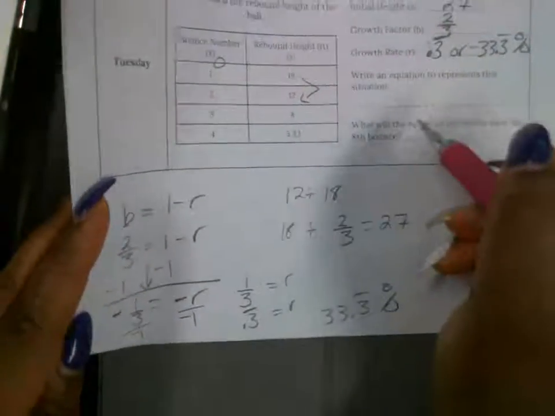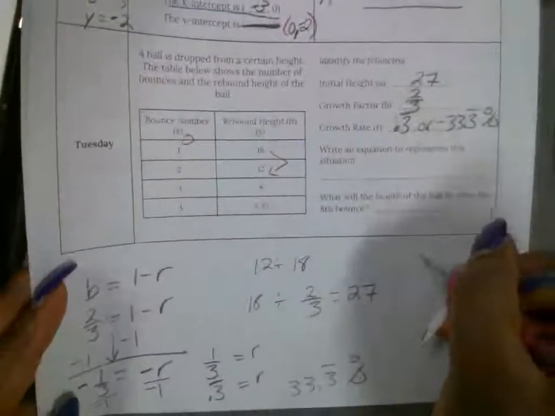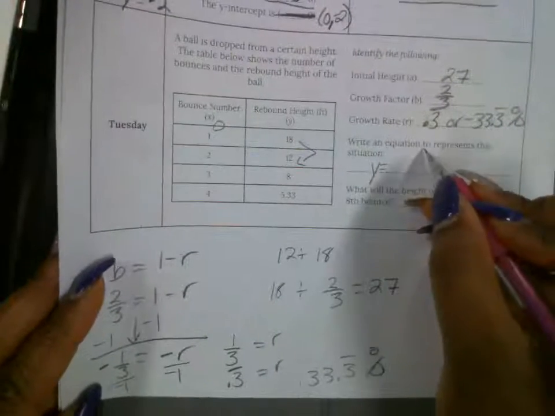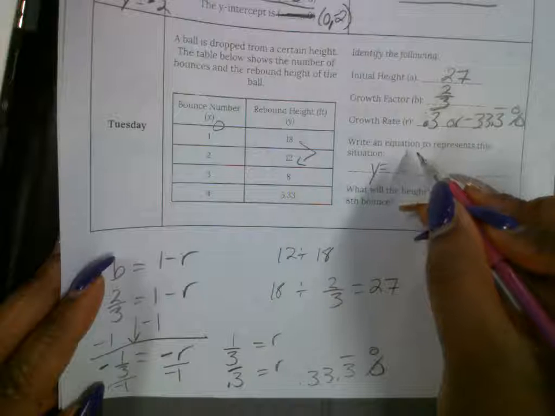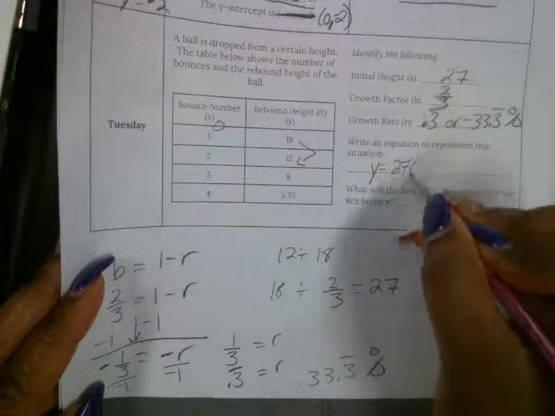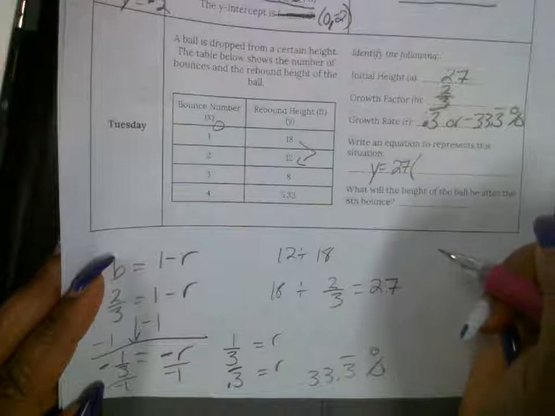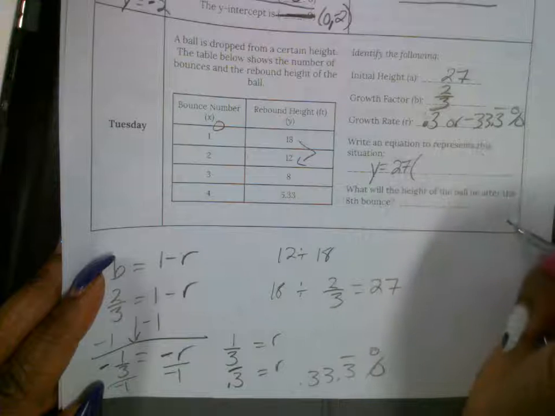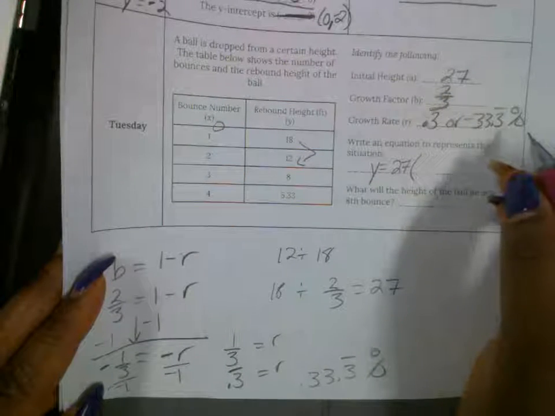All right, represent this as an equation. That's going to be y is equal to what? Y is equal to 27. That's the starting. Times what? 1/3. Who said 2/3?